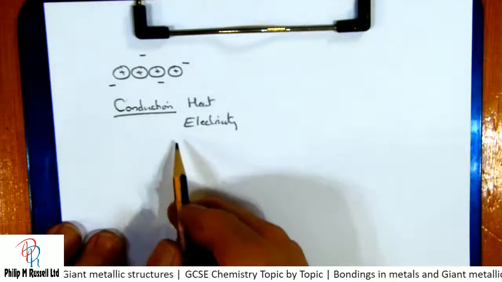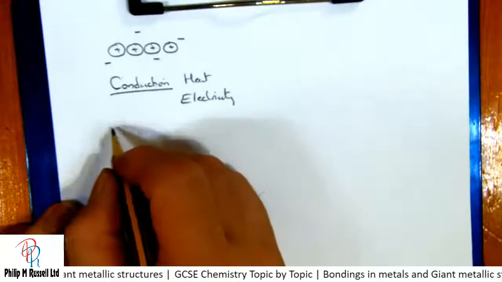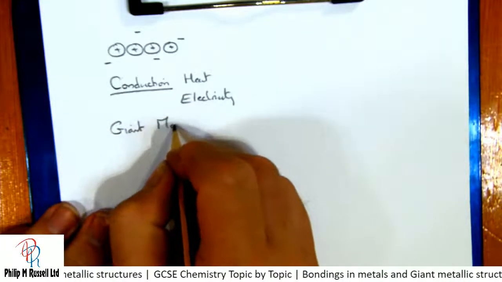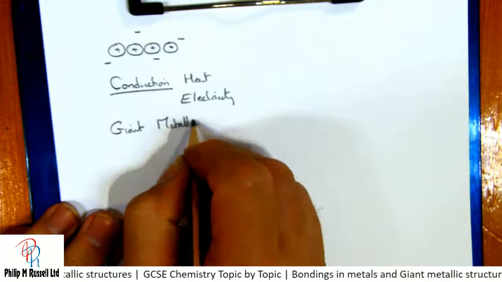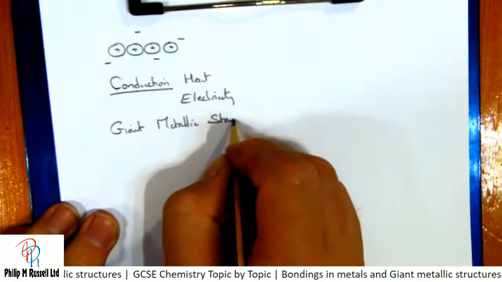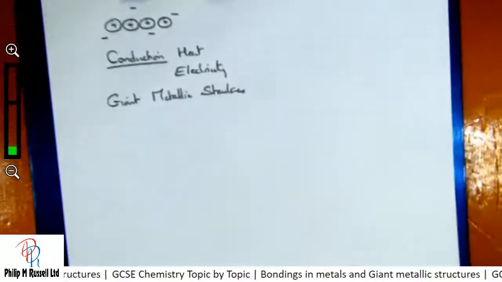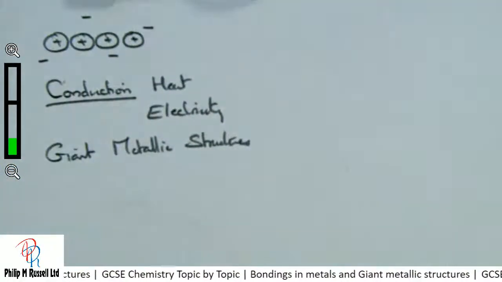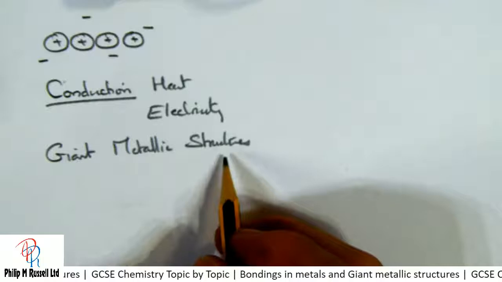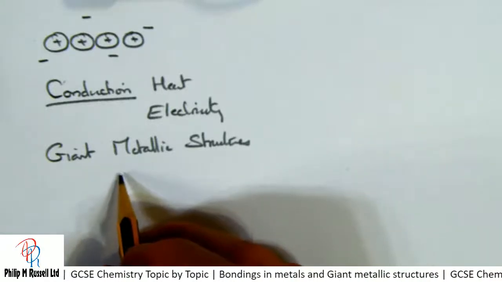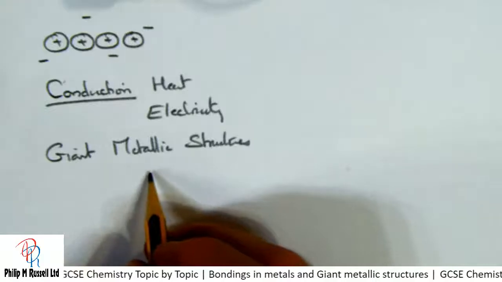The metals form giant structures. Let's zoom in a little bit. So we've got these giant metallic structures, huge billions of atoms of metals joined together.